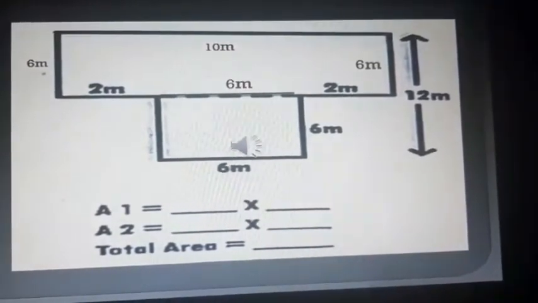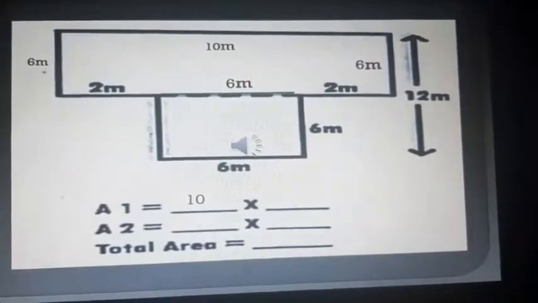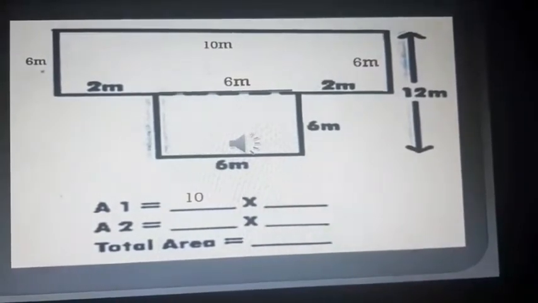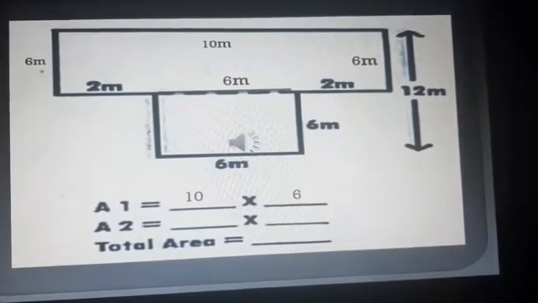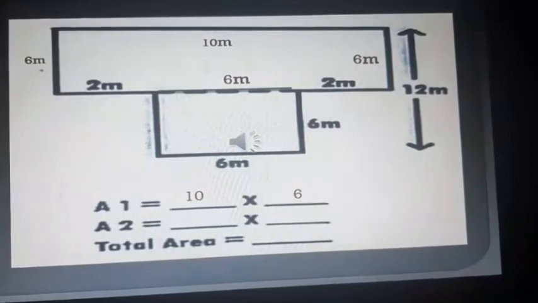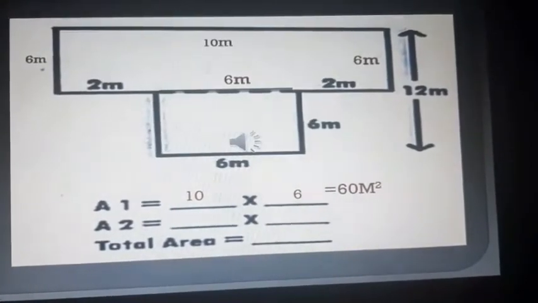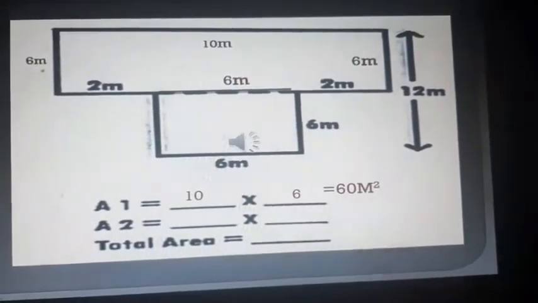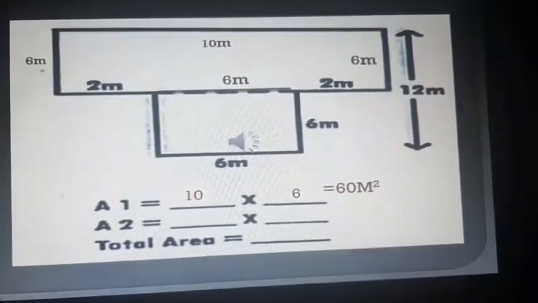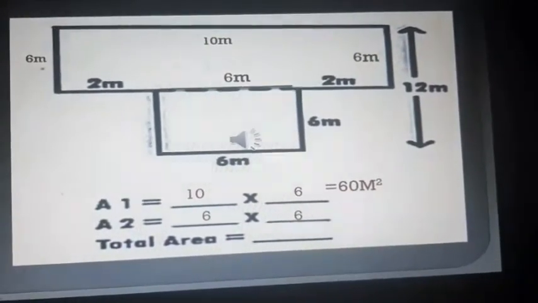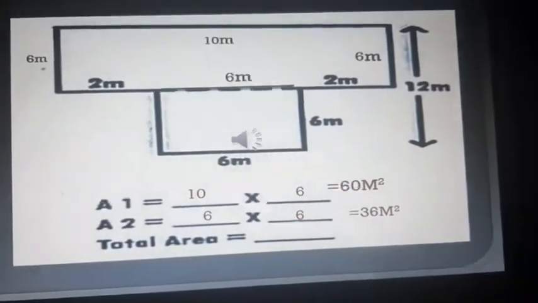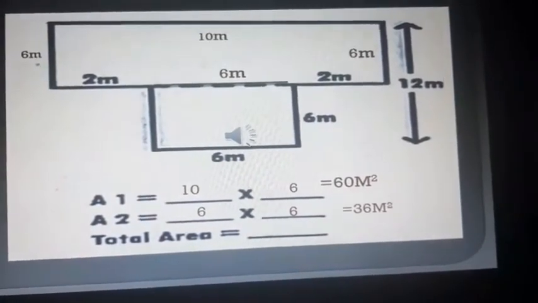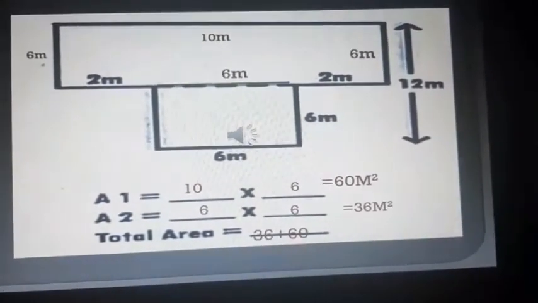So I have here the first shape, the first dimensions are 10 and 6. Make times between them, don't forget your unit. And the second shape 6 and 6, and the total area here we make plus between them.